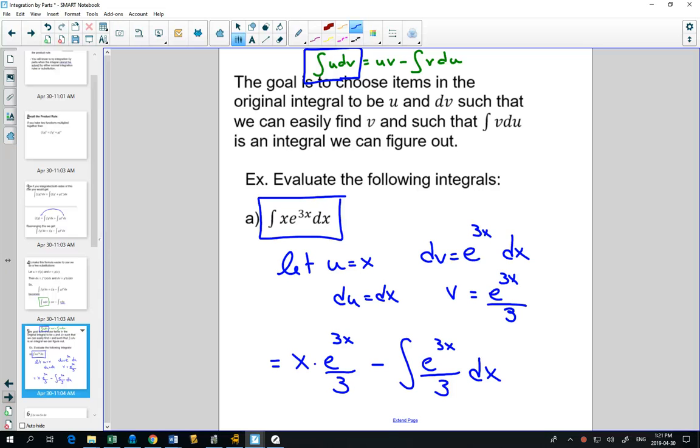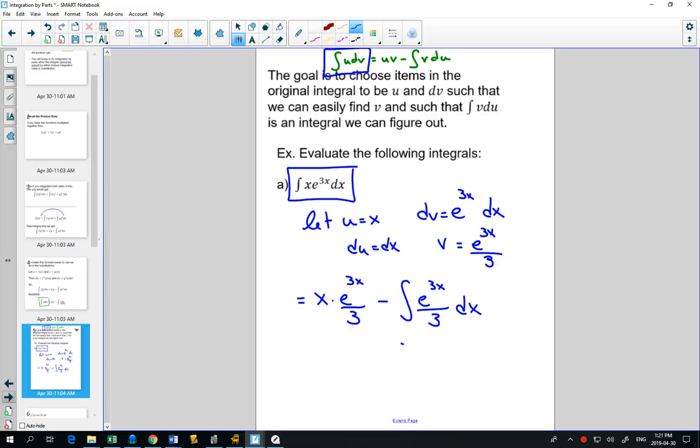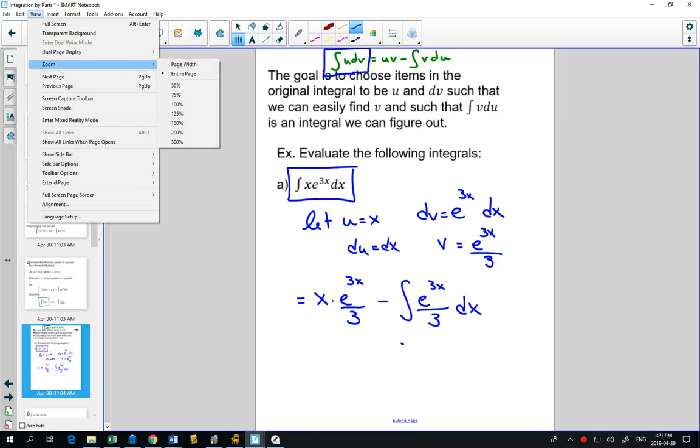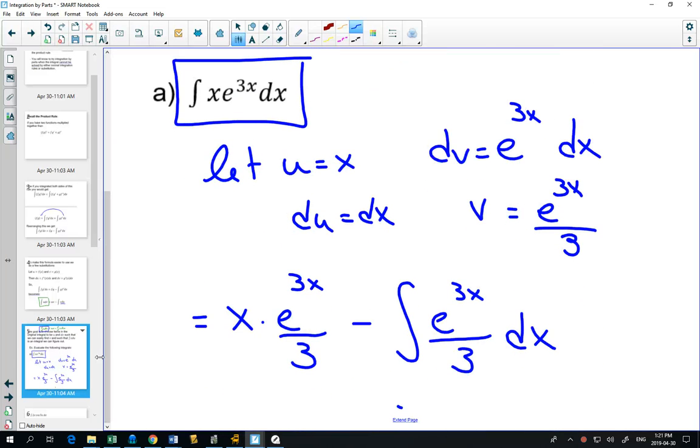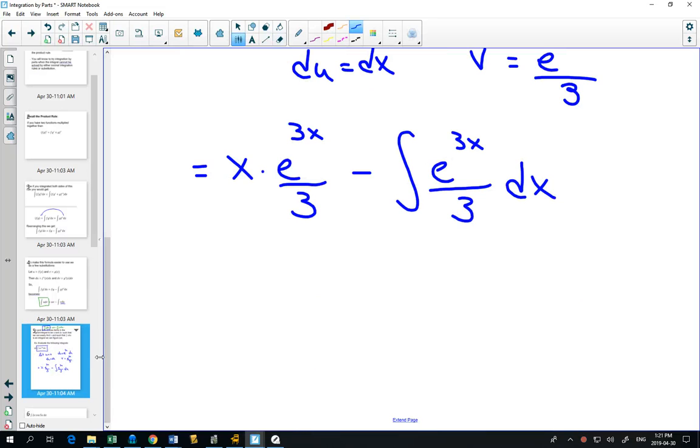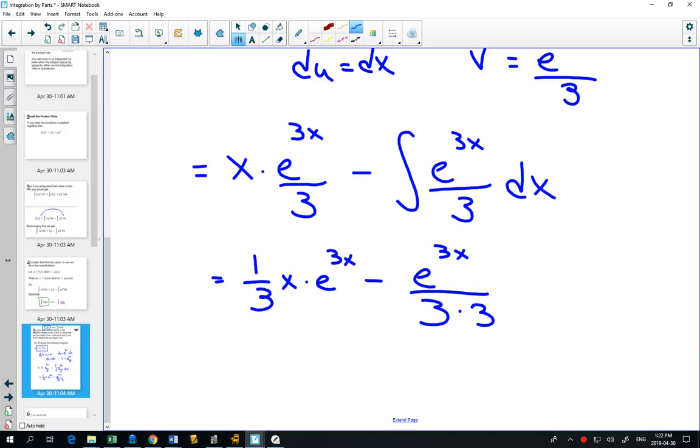No extra baggage. And so here we'll get 1/3 x times e to the 3x minus, and this integral would be e to the 3x divided by 3, but you have another chain rule that you'd have to divide out, divide by another 3, and here you can add the plus c that represents all constants added in the end.